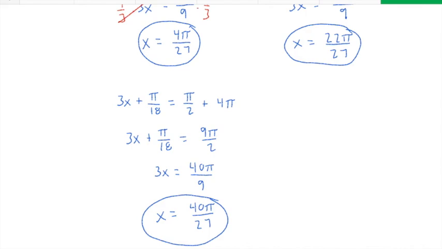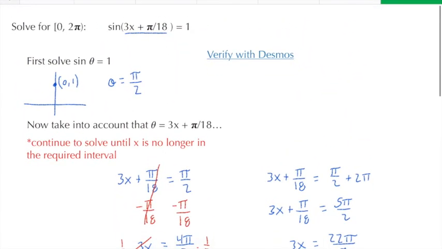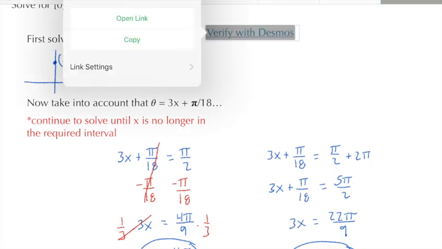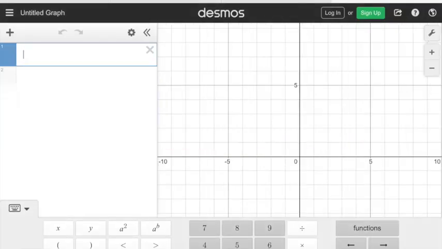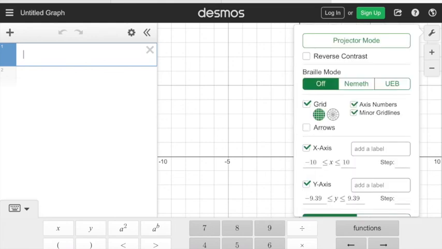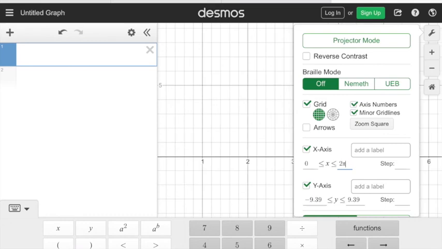Let's just, for good measure, verify all of this using Desmos. Make sure you're in radians. Change that x-axis from 0 to 2 pi again.